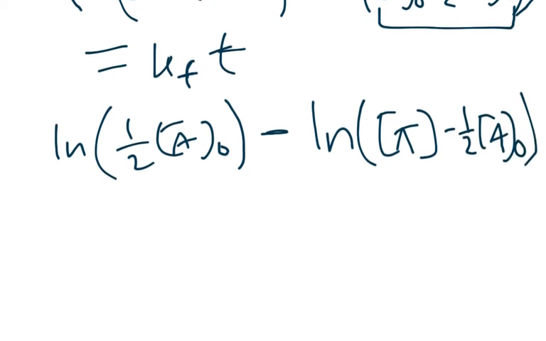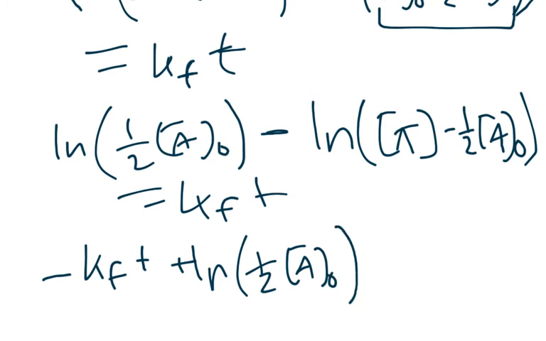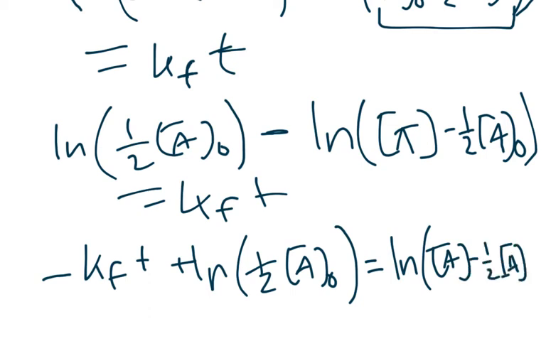And we can do some algebra once again. And we could get that the negative of Kf t plus the natural log of 1/2 times the initial concentration of A is equal to the natural log of the concentration of A minus 1/2 times the initial concentration of A, A0.